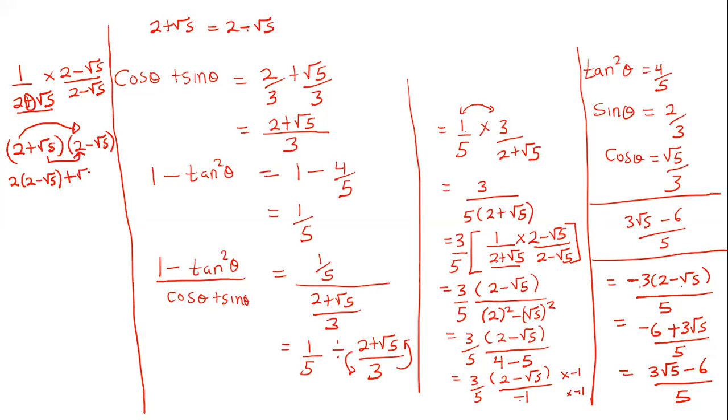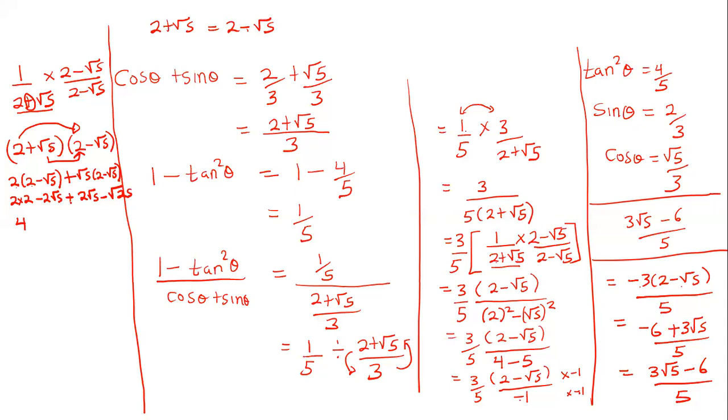So I'll have root of 5 into 2 minus root of 5. Now I open. I say 2 times 2, that 2 multiplies the 2, minus 2 root of 5, plus 2 root of 5, minus root of 25.